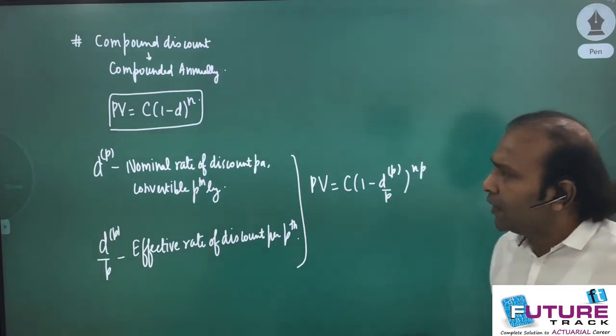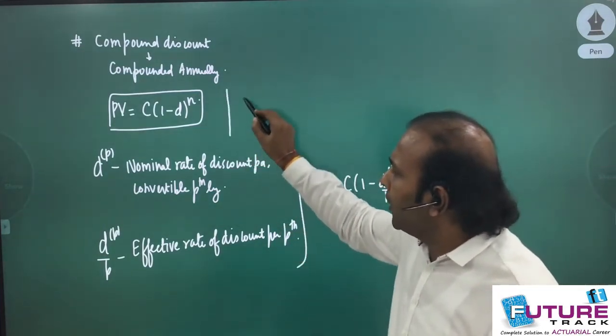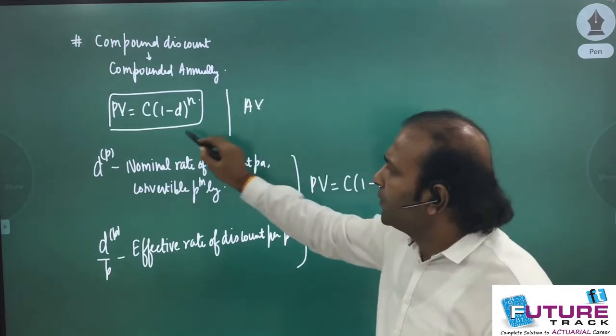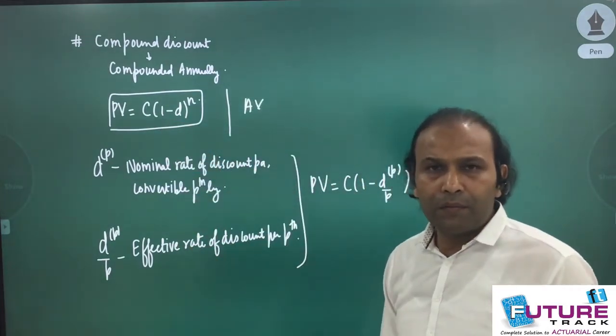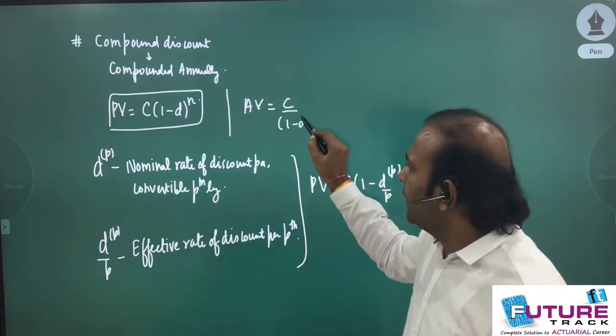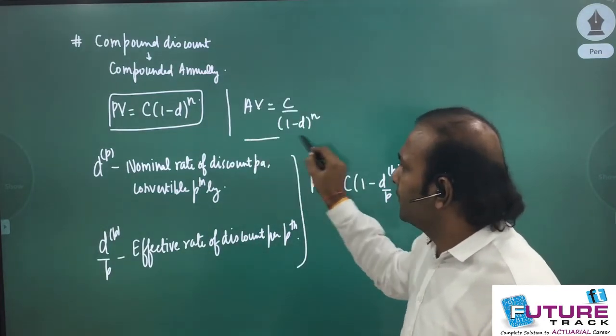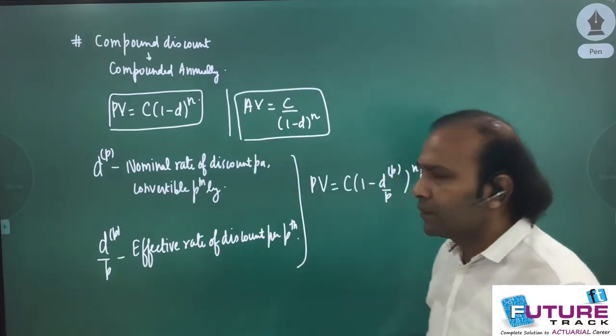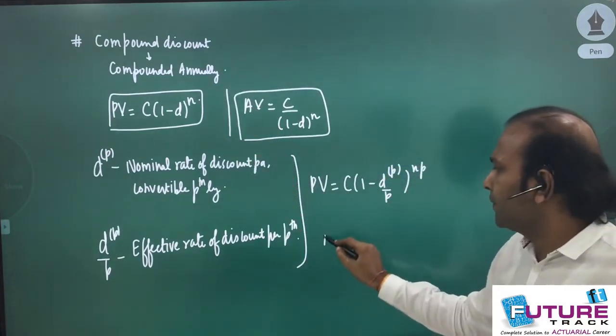Now class, अगर हमें accumulation का formula निकालना हो तो again same way, the C is my accumulated value, remember. So this is C divided by (1 − D) raised to power n, and same thing here.